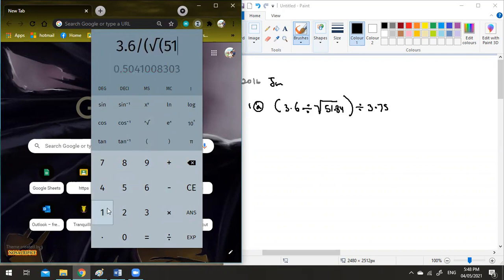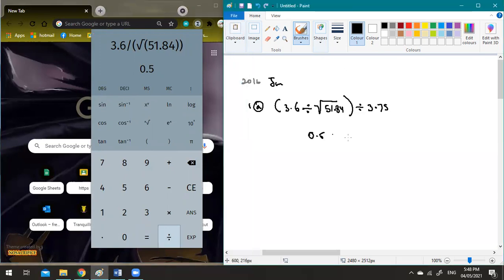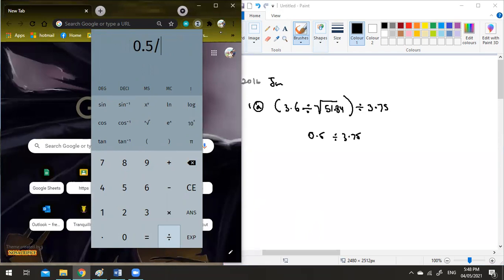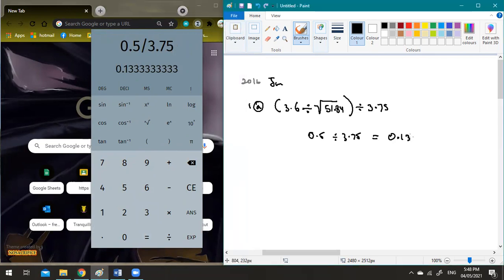Put a second bracket. So this divided by that is 0.5. So here this part is 0.5. Divide 3.75, equal. Now this exact value is 0.1333 recurring. Yeah, that's exactly as you see it on the calculator.